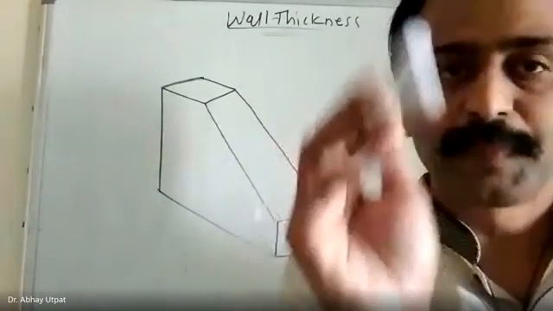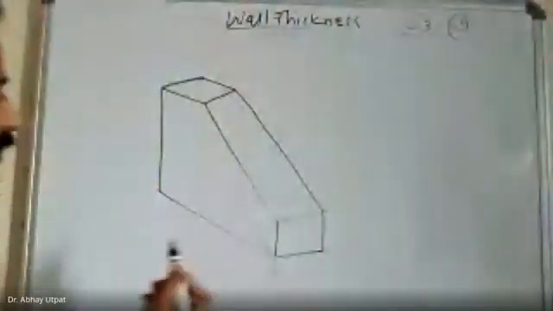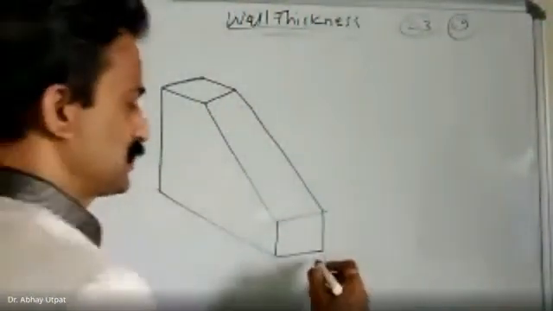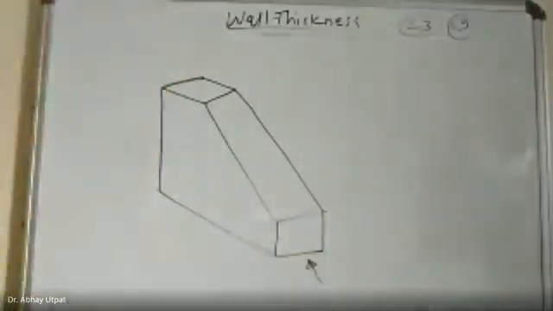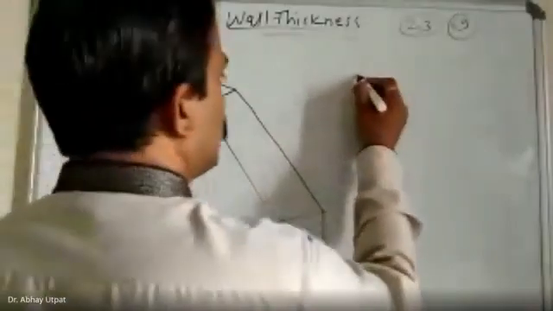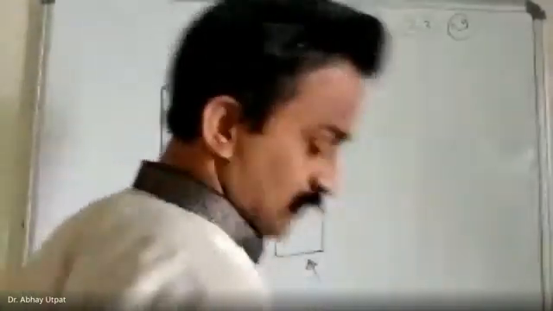Now see how I am modifying it. See here, this component. Draw it from the front view. I have shown the arrow. So what will be the front view of this component? This simple rectangle.